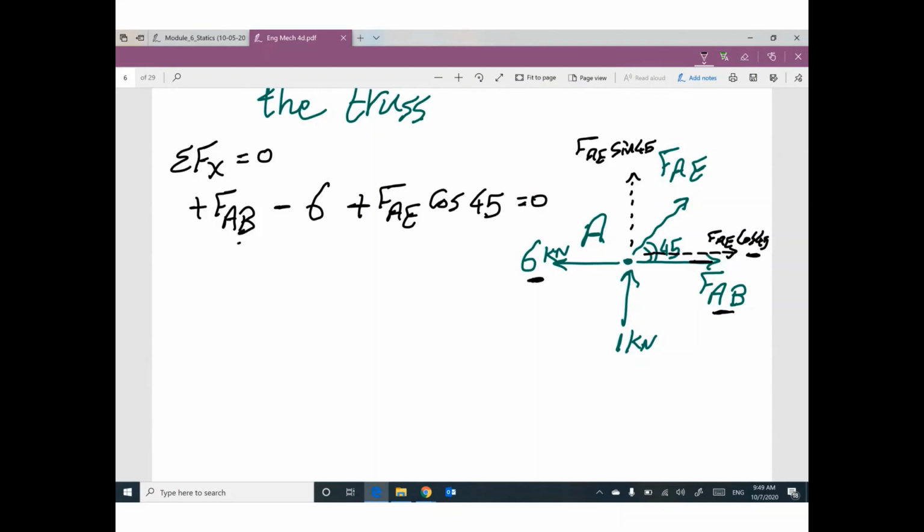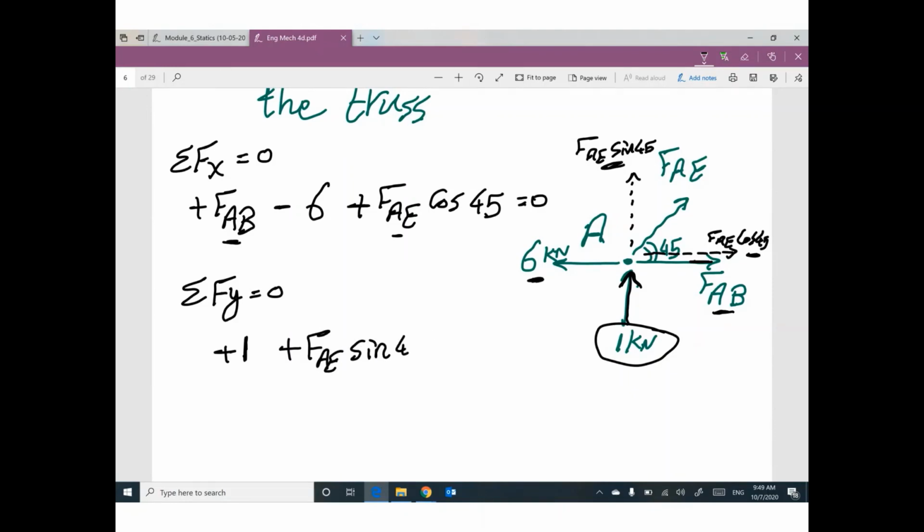Forget it. Summation Fy equals 0. What do you have in the y direction? We have positive 1. Positive? Yes, this one is going up. And we have positive FAE sine 45 degrees.